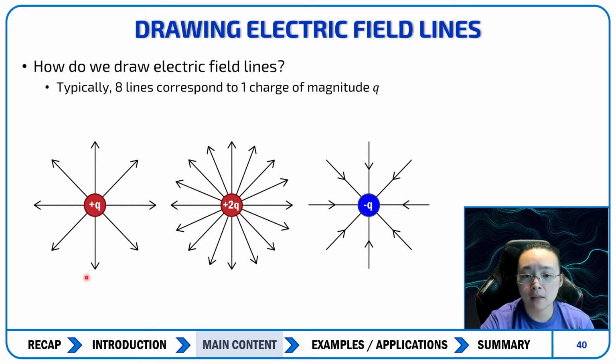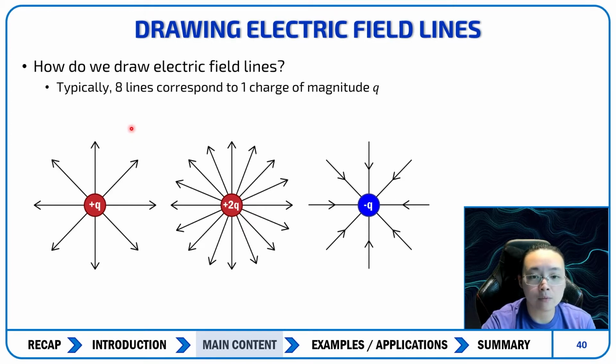Now, why are lines pointing out and in for positive and negative respectively? We always take a look at what we call a test charge. If I bring up a test charge close, we have to make a choice. Do we always consider the test charge to be positive, or do we consider the test charge to be negative?